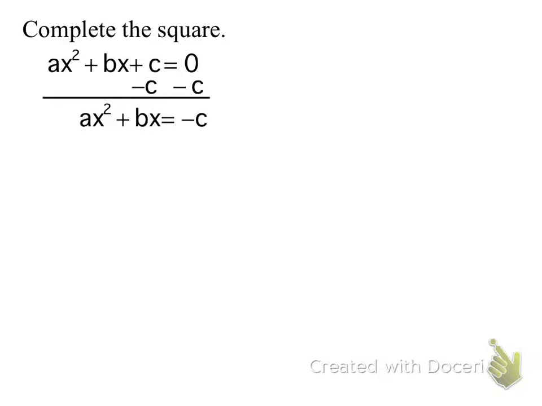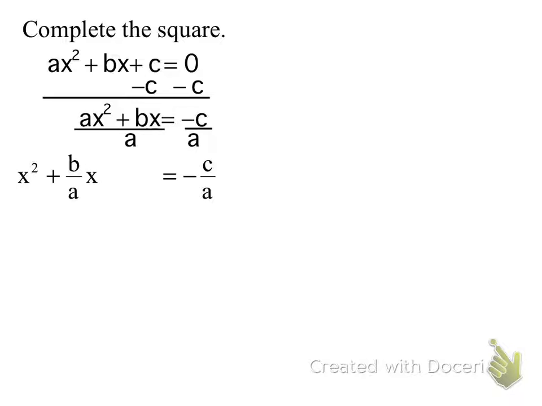Sorry, we forgot that we have a lead coefficient. So what do I do with that lead coefficient? Divide all terms by the lead coefficient. Good. And now we're left with x squared plus b over a x equals negative c over a.